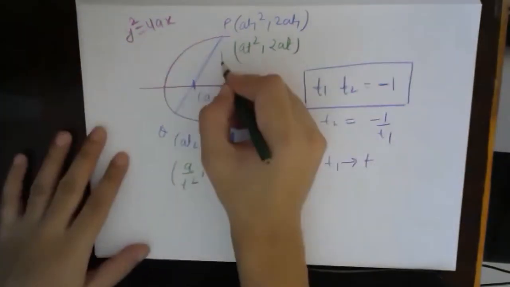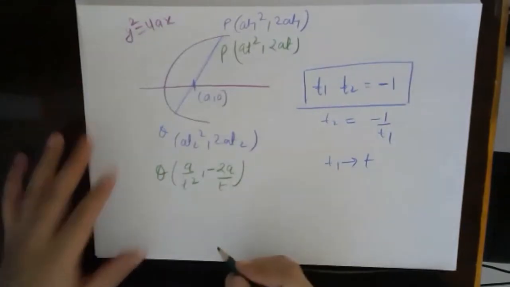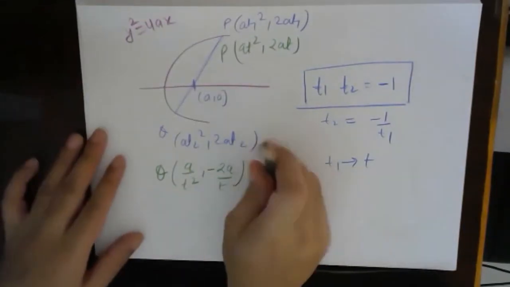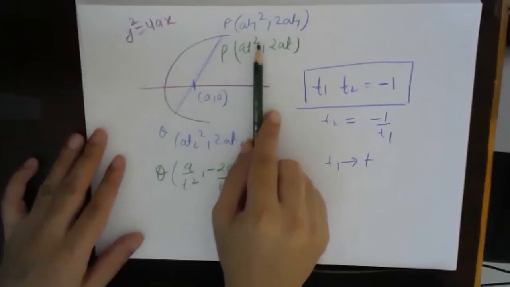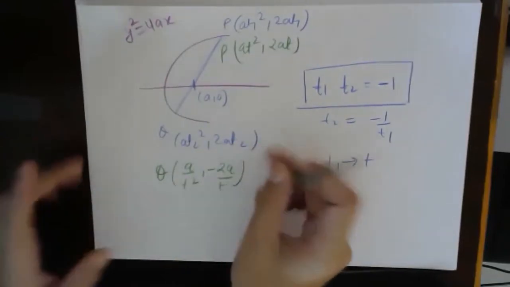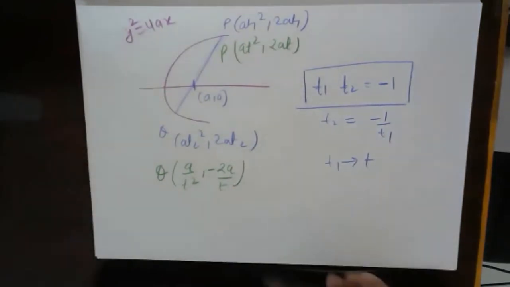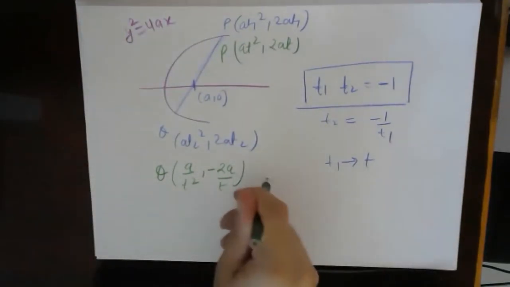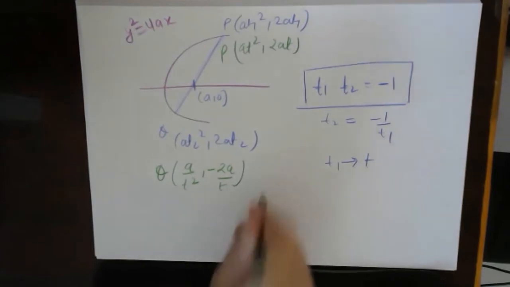Everybody understood? So this is point P, this is point Q. So if somebody has given that a t square comma 2a t is the point, then what will be the other extreme of the focal chord? A by t square comma minus 2a by t. Okay, let's copy this one, look at this one, and then we move on to the question based on this concept.